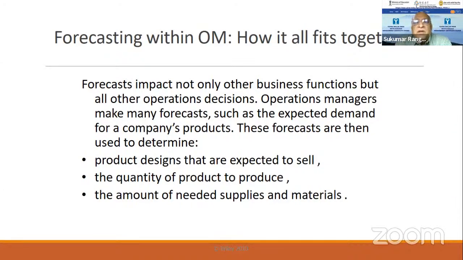Operation managers make many forecasts such as expected demand for the company's products. These forecasts are then used to determine product designs that are expected to sell, the quantity of product that needs to be produced, and the amount that is needed for supplies and materials.